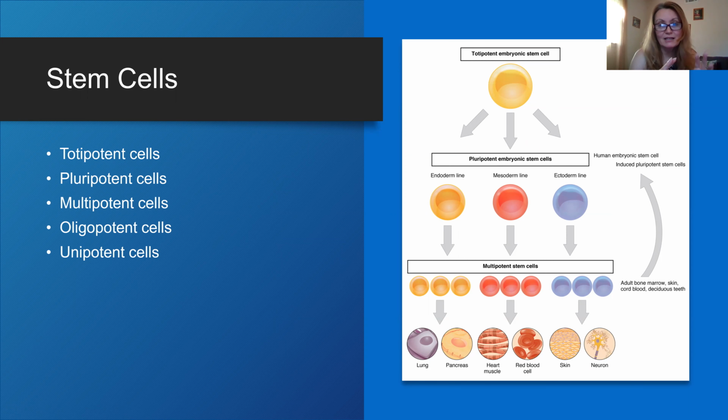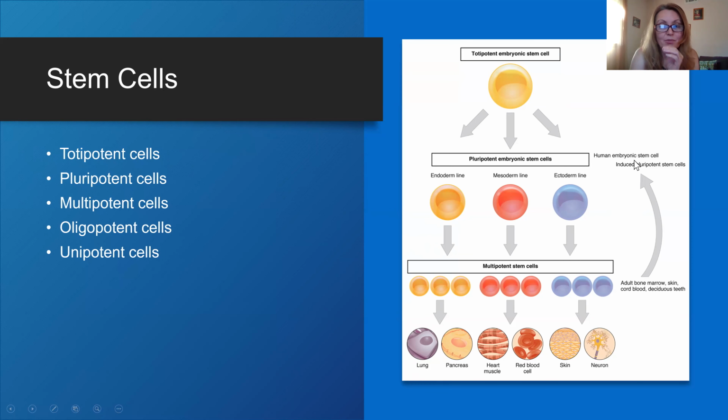So we have the first zygote. And when this first zygote starts dividing, after the first few divisions, those cells have the ability to differentiate into every single cell in your body. Those cells are called totipotent cells.